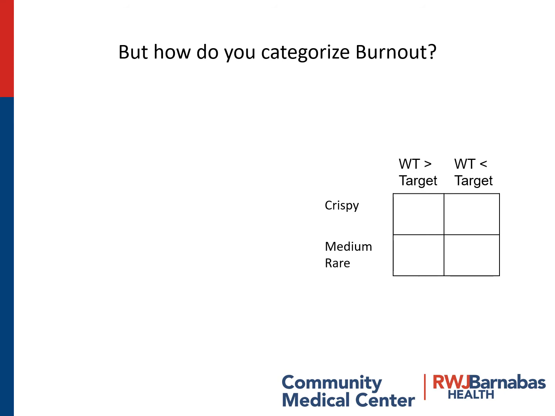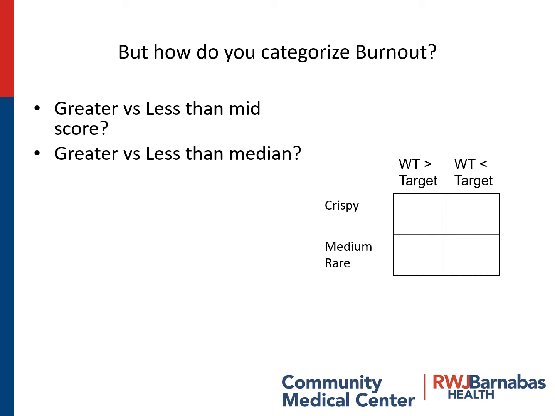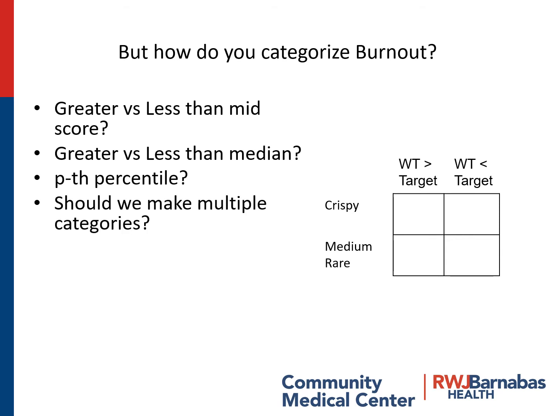Is it everybody 18 and below gets low burnout, and everybody above, it's difficult to say. So it's greater than or less than the middle score, less than the median score, perhaps. The random percentile, whichever cutoff you want.